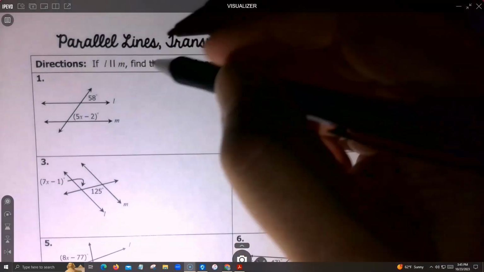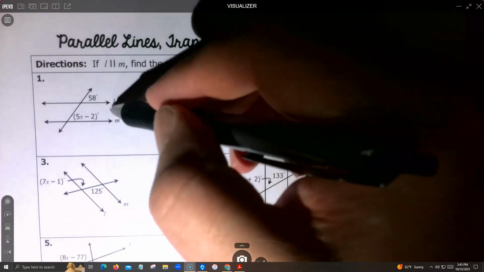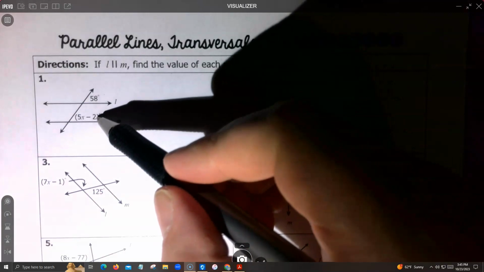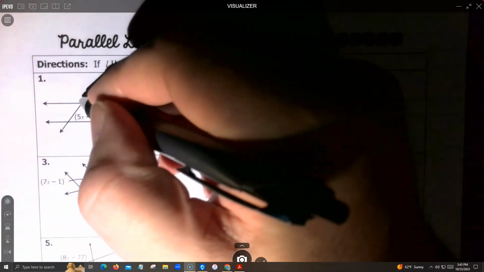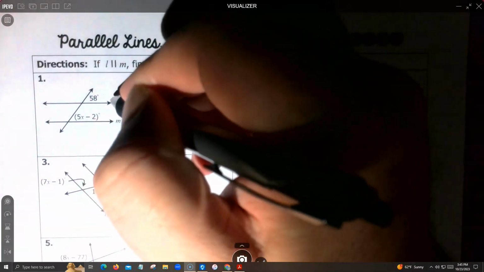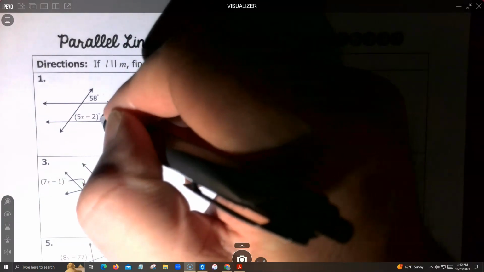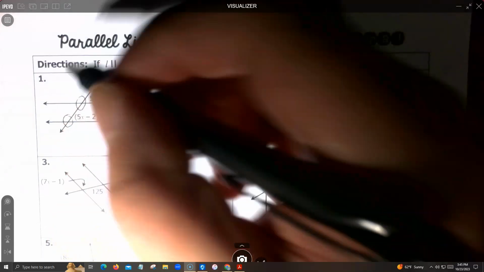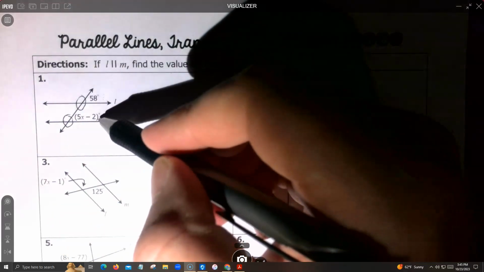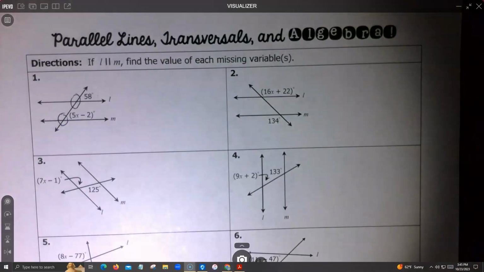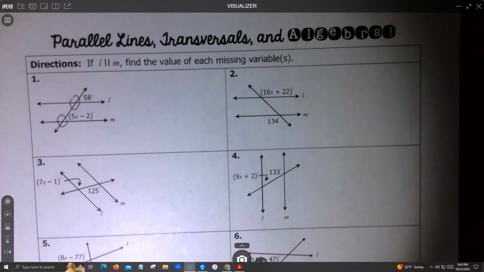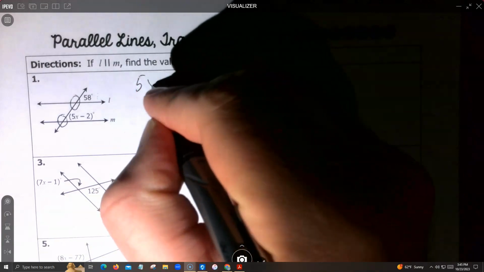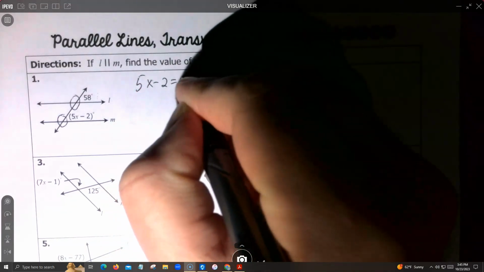If we make them parallel, then what can you tell me about angle 58 and this angle here? And again, think about what these are. These 2 angles were considered corresponding. Remember the group of 4 and the group of 4. That 58 and that 5x minus 2 are in the same place in those groups of 4. So therefore, your equation is going to be 5x minus 2 equals 58.